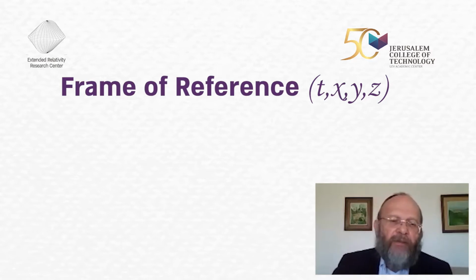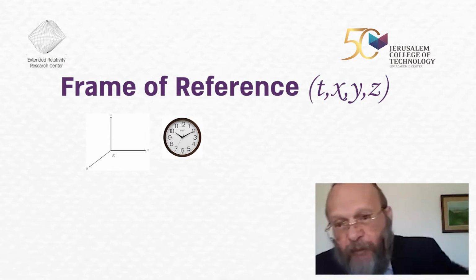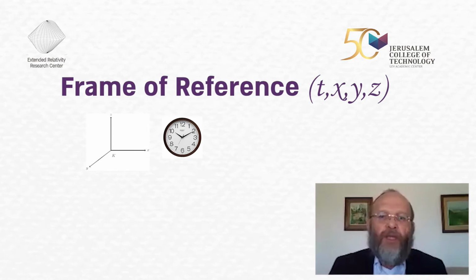To be able to describe something mathematically, you need numbers. So you choose axes x, y, z, to be able to label any point in space by three numbers, x, y, z. And you need a clock to be able to measure the time of an event. Since we are talking about dynamics, where things are changing, you need both together, because otherwise, if something moves, you don't know its position without being told at what time.